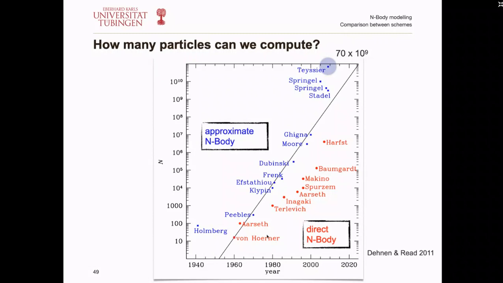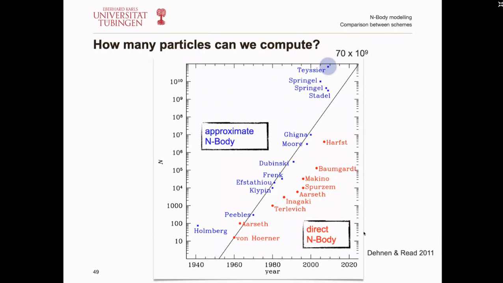He did 16 particles, okay? Then there was this famous paper by Sverre Aarseth, I think it was 65, I don't know, 62, where he had 100 n-bodies. And so almost 10 years ago, we were already at 7 times 10 to the power of 10 particles.